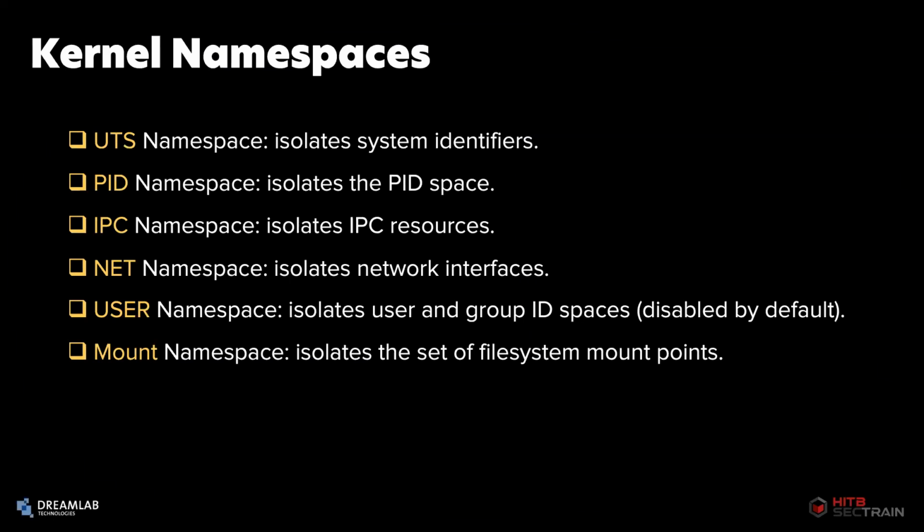And then the mount namespace, which isolates the file system mount points. So, the use of these namespaces provides the first layer of isolation for containers, right? It's very important to understand this. We are not talking about virtual machines or something like that. Containers are processes on the host machine, and Docker uses the kernel namespaces to isolate them.